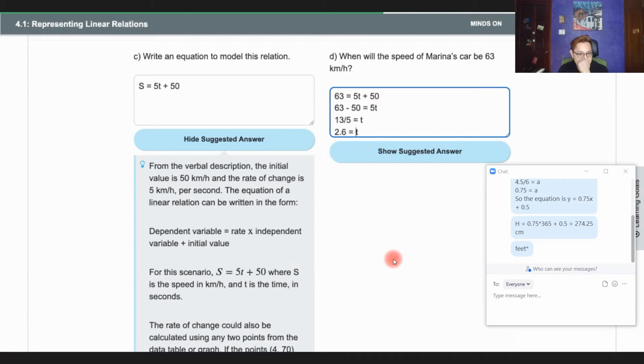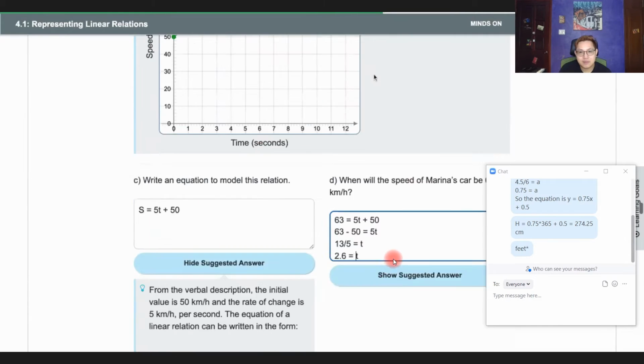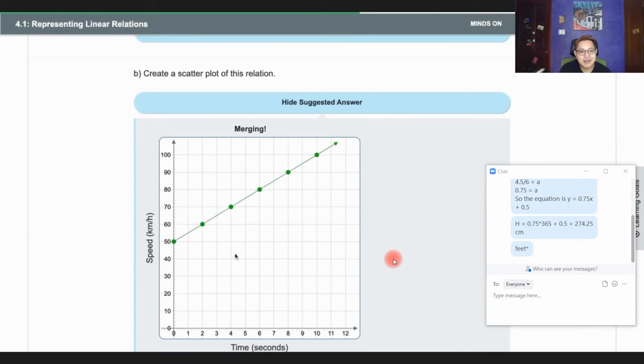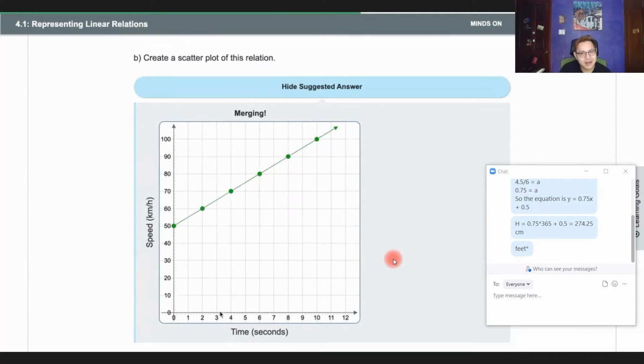But my question is, why is t in second now, while the speed is in kilometer per hour? Doesn't make sense, right? Let's look at the question. They give you the speed in kilometer per hour, but now the time is in second, not hour, which is really weird. It's not consistent. Even though you can still get the right answer, I don't like the units here.